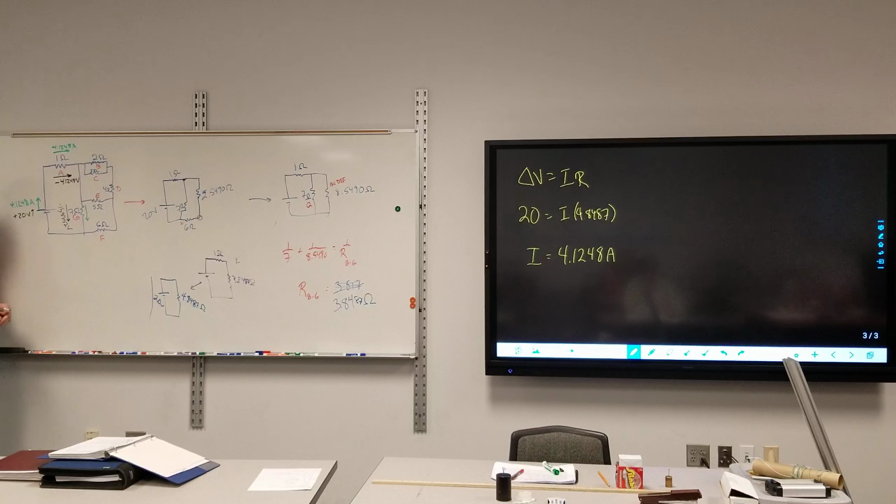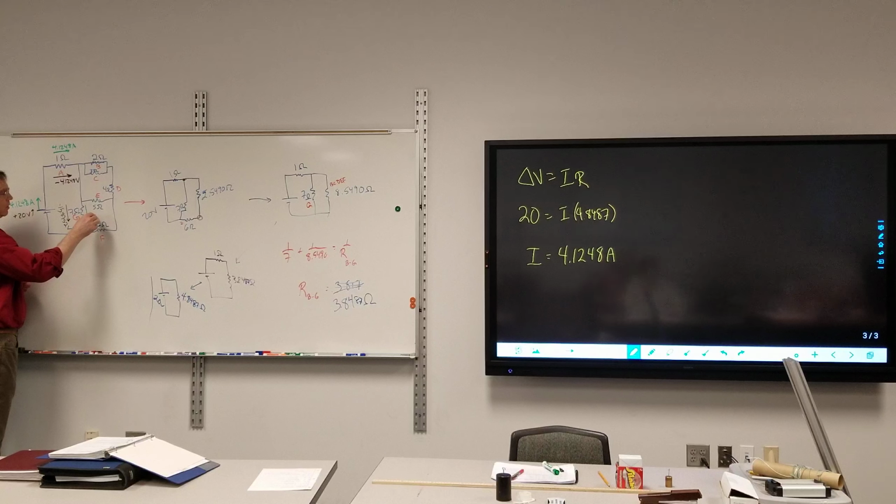The voltage divided by resistance. 2.2679 amperes.